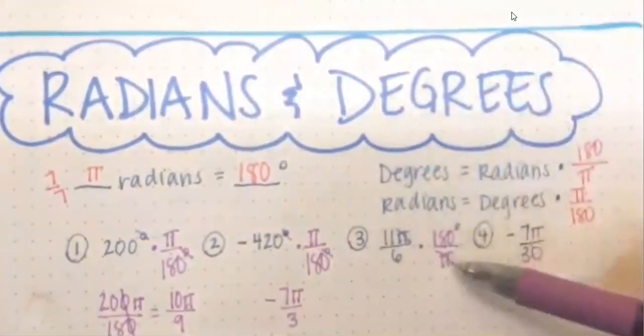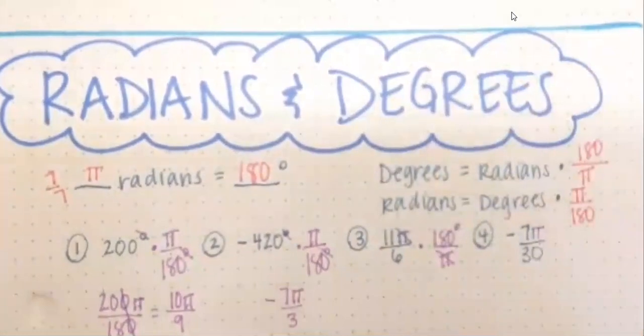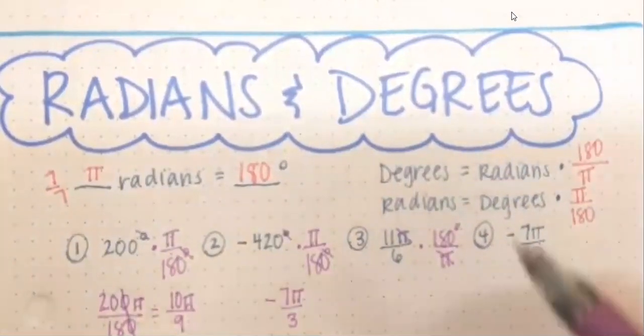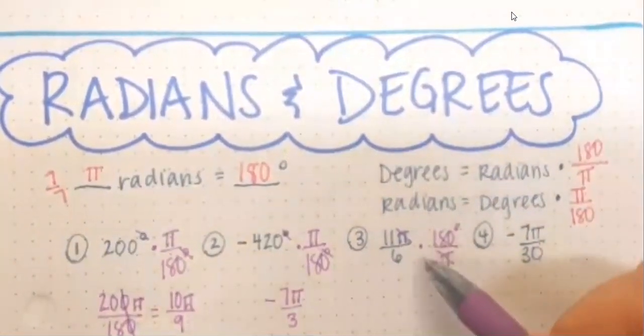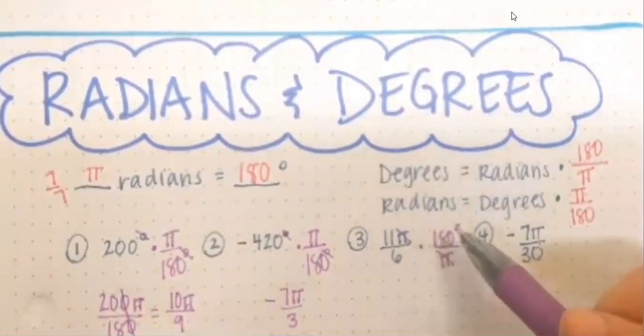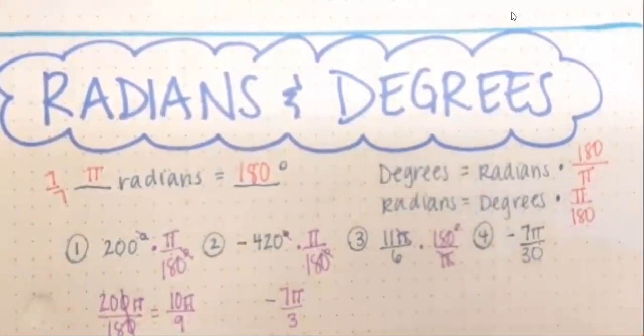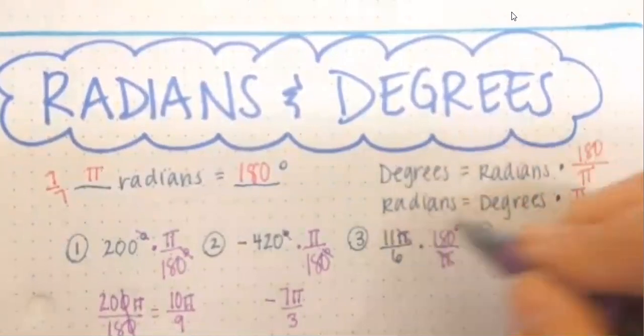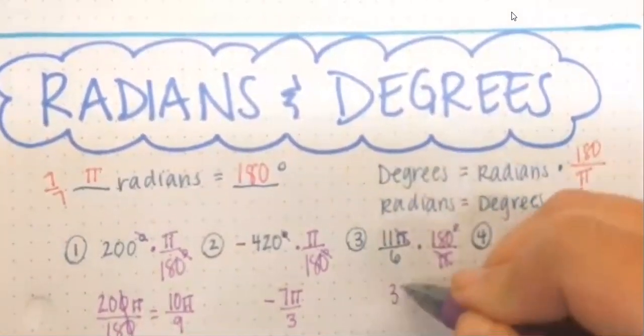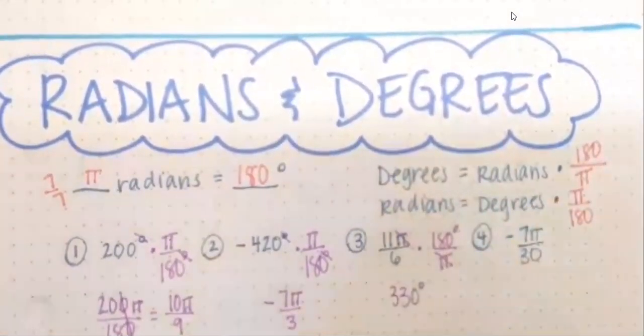But remember, this is 1 because it's the same thing on top and bottom. Then we just multiply. This one I'm going to do in my head; the next one we'll do with the calculator. To make it easier, I'm going to divide by 6 because I know 180 divided by 6 is 30. Then 30 times 11 is 330. So 11 pi over 6 is 330 degrees.